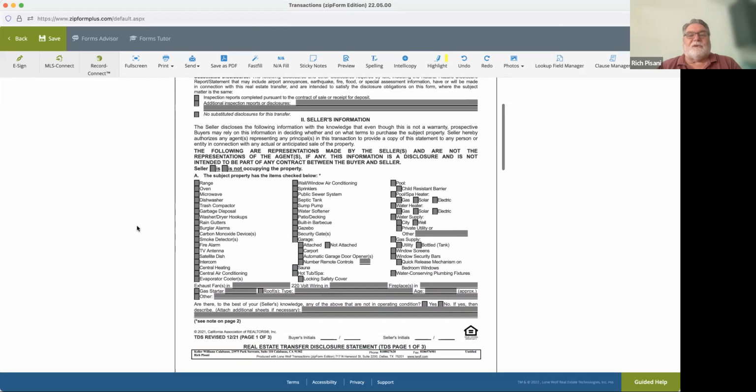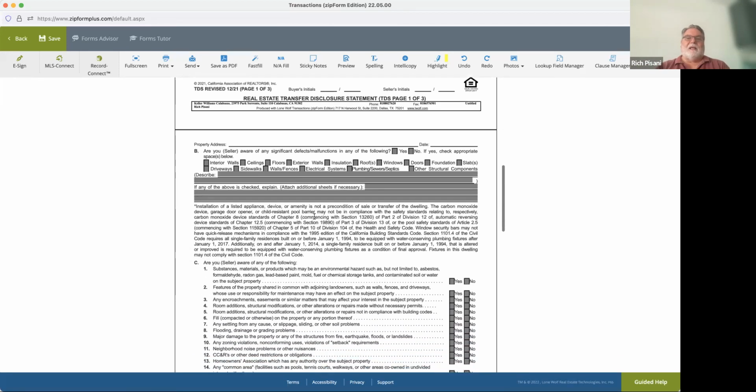The seller is or is not occupying the property. Check that out. And then it's just checking, to the best of the seller's ability, what is present in that property. Roof type, roof age, just have them say approximately how old the roof is. It's to the best of their knowledge.